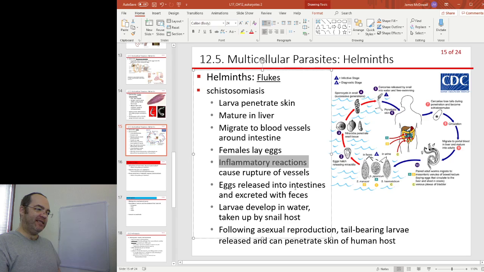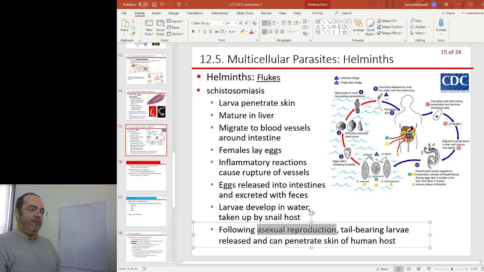The eggs are released into the intestines and are excreted with feces. And then the larvae develop in the water. They are taken up by the snail host, and then inside the snail, parts of the life cycle of the worm occur, and the larvae are released from the snail, and they again reinfect the human.